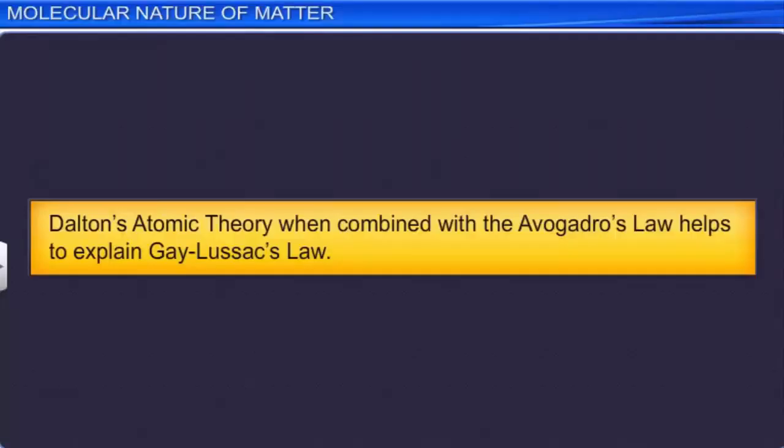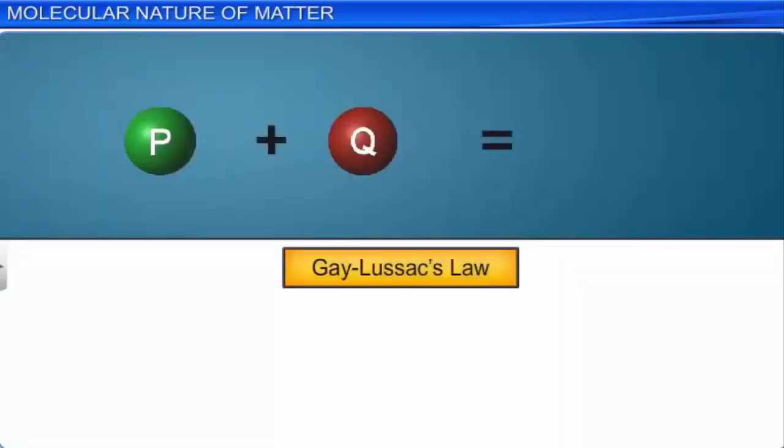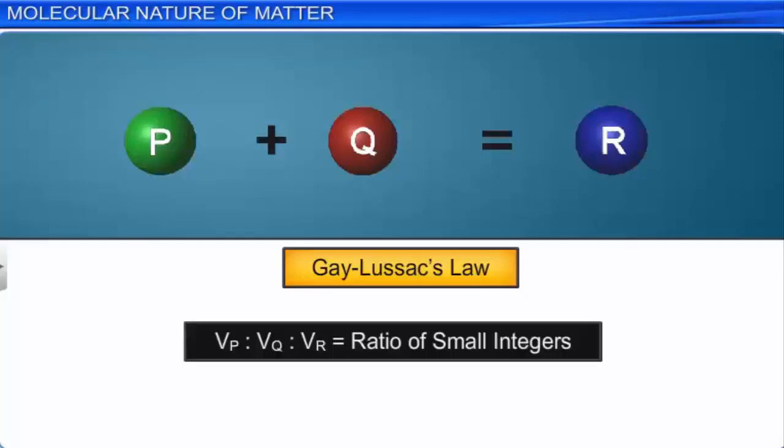Dalton's atomic theory, when combined with Avogadro's law, helps explain Gay-Lussac's law. Gay-Lussac's law states that when two or more gases combine chemically to form another gas, then the ratio of volumes of the gases are in the ratio of small integers.